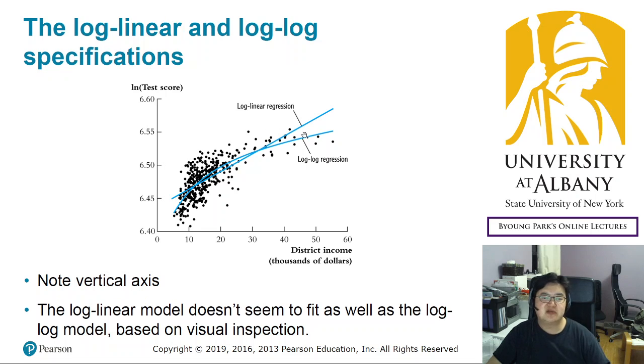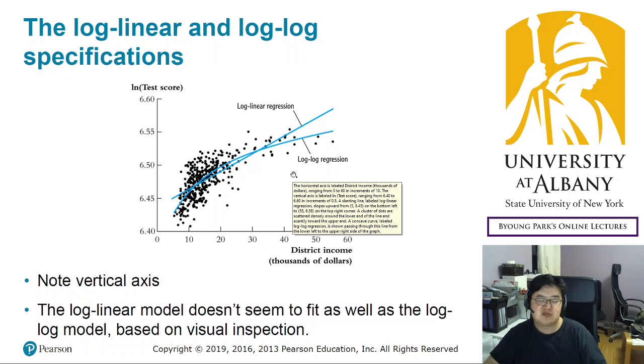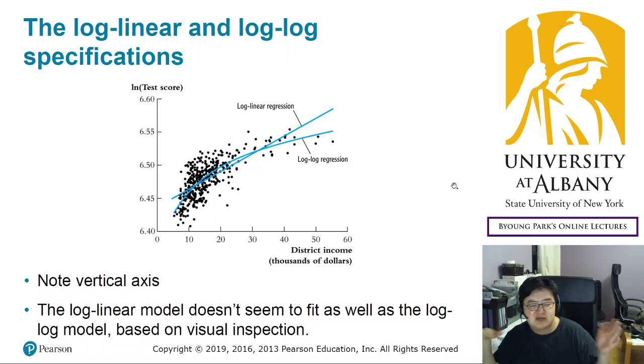I think the log-log model is doing a much better job. It does not show how it compares with the linear log model. I'm curious about that, but I didn't do that. But we may compare them like this: you may just have two scatter plots and see which fits better. Then if one fits better than the other, you may choose the better one.